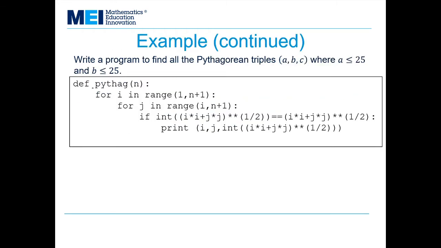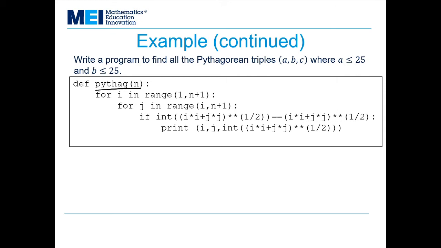We begin by defining a function called Pythag, which takes a value n. So we're going to find all the Pythagorean triples up to n. We're going to put in n equals 25 to test our example for this question. And then we look in the range from 1 to n plus 1 for i and from i to n plus 1 for j, for examples where the integer part of the square root of i squared plus j squared is the same as the square root of i squared plus j squared.